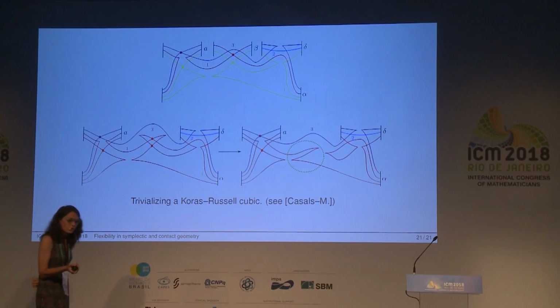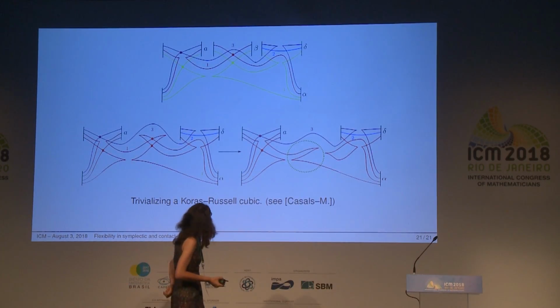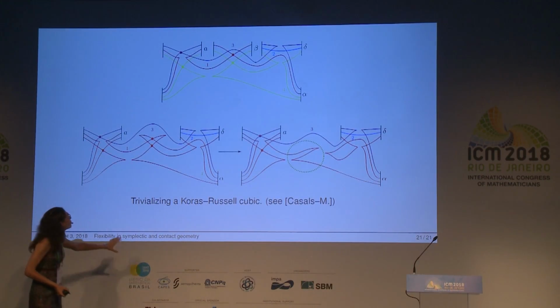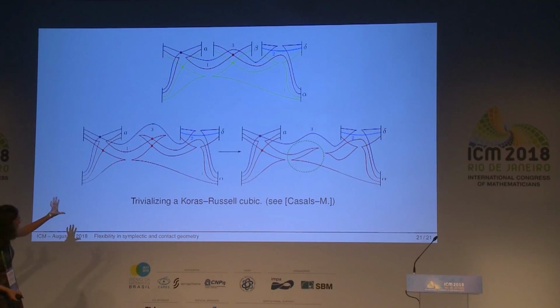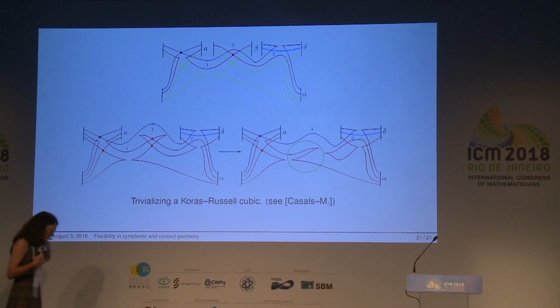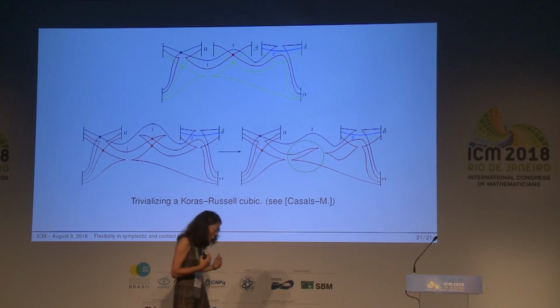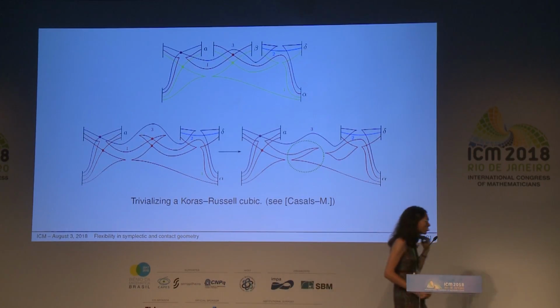I have just one final picture, which is the proof we gave showing that the Koras-Russell cubic is standard. I'm not going to explain this picture in detail, but just to give a flavor of how topological these things are.